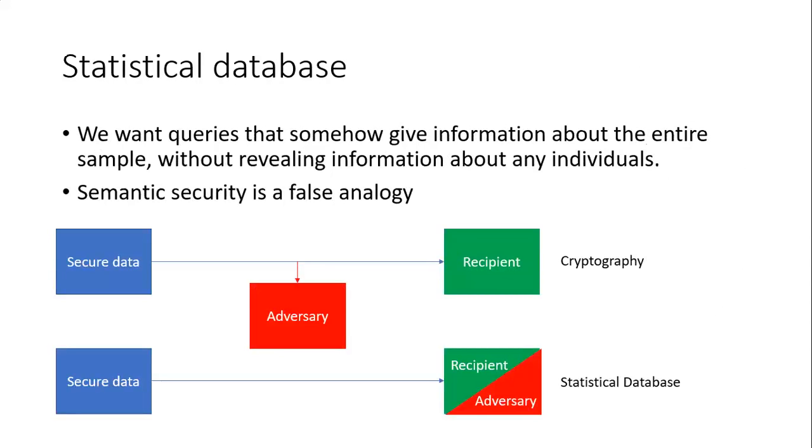In the statistical database setting, everybody's a recipient, some are good actors. There's no intended recipient with a key and adversary without a key. You want the recipient of the query response to get useful information about the whole population, but you don't want that same person to get any information about the individual people in it.